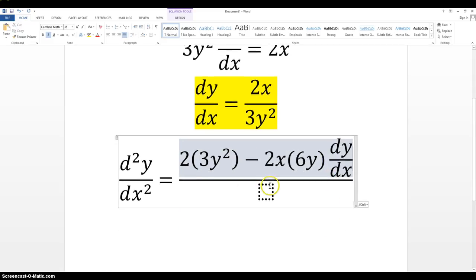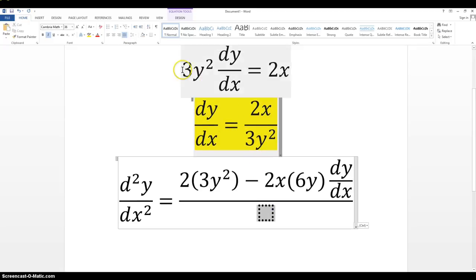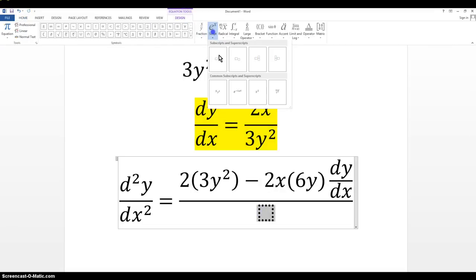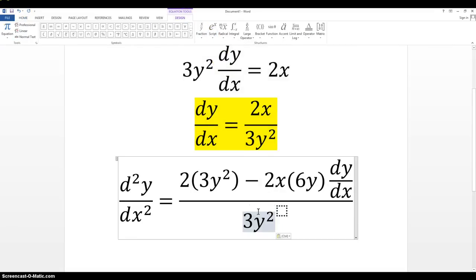Okay, from there we say all over the bottom squared, so it's basically this, and it's all squared.